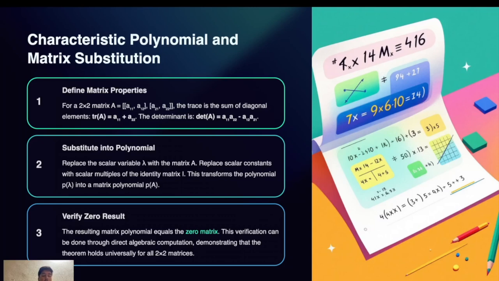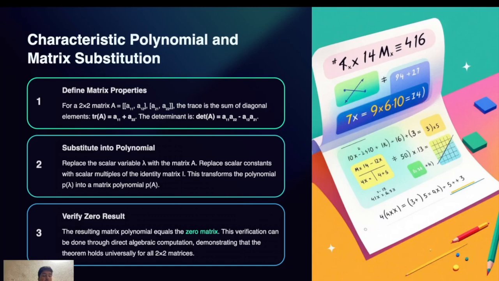According to the Cayley-Hamilton theorem, if we replace lambda with the matrix A, the polynomial becomes A squared minus trace of A times A plus det of A times I equal to 0. We can also verify it. The resulting matrix polynomial equals the zero matrix.